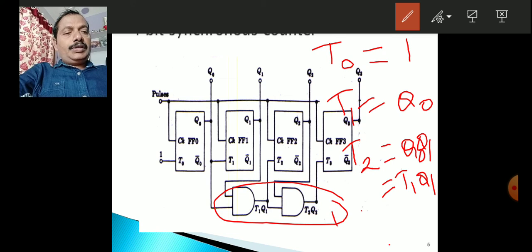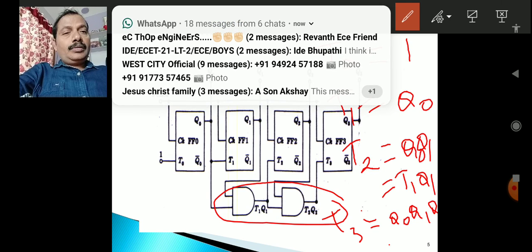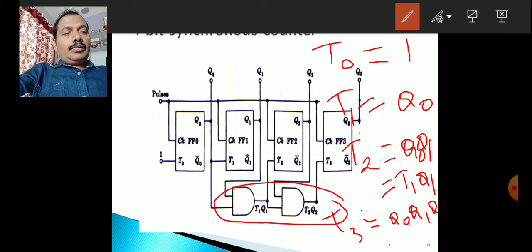And next, T3 is Q0 Q1 Q2. So that means Q0 Q1 is T2.